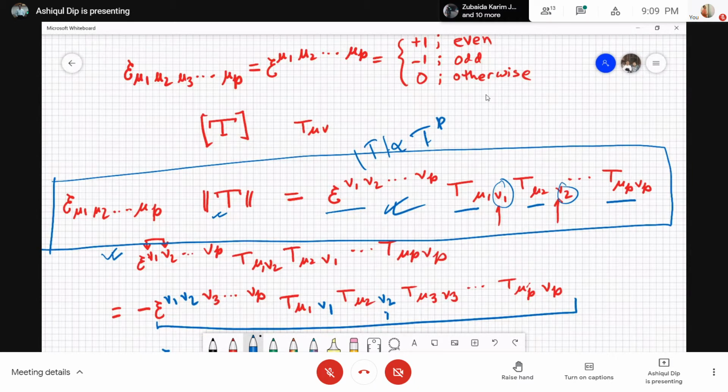So basically it's just saying two things: that it goes like T to the power p, and it's completely antisymmetric in terms of any two indices. By saying that, we have already proved this statement. But I just wanted to convince everyone.